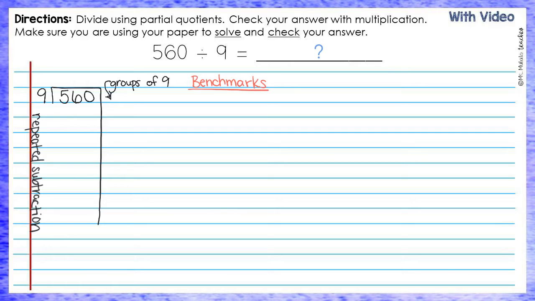So when we're finding benchmarks, we want to be thinking about our groups of 9. Everything that we find in benchmarks has to do with the number of groups that we're looking for, which in this problem is 9. I always start with one group of, times means groups of, one group of the number, because that's the easiest.